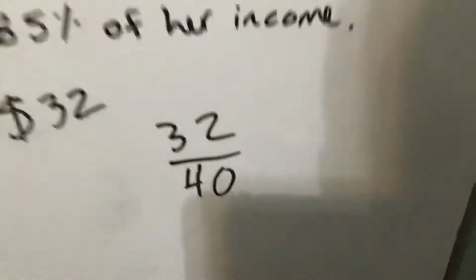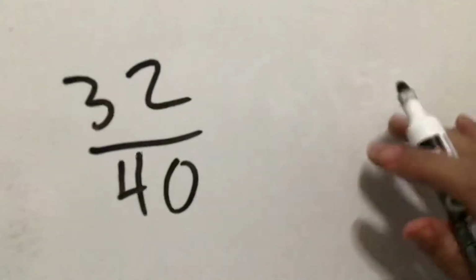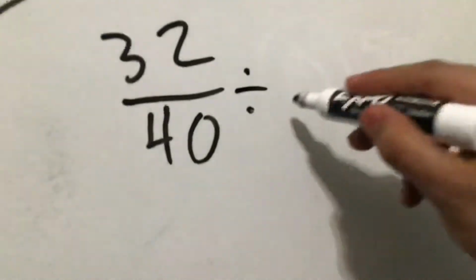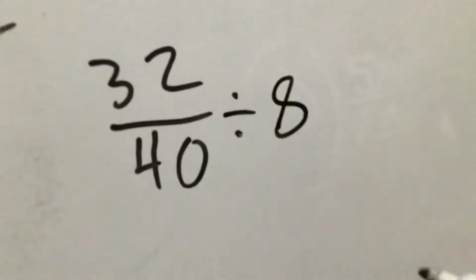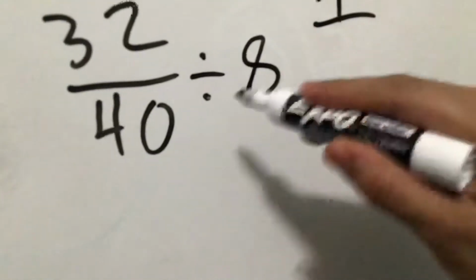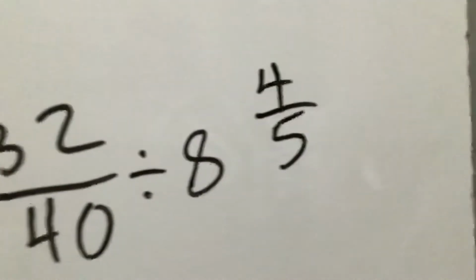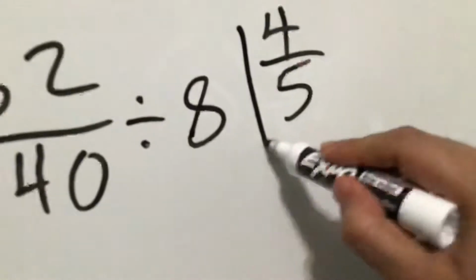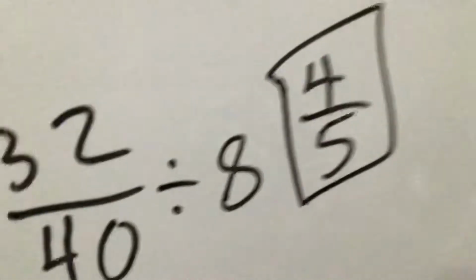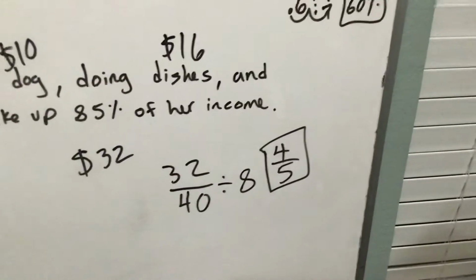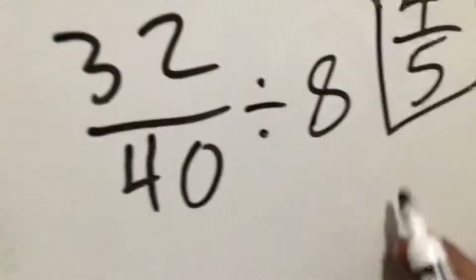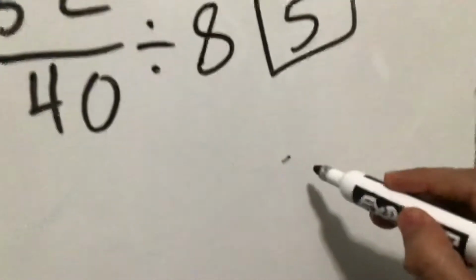Well, we do the same thing. We have to simplify the fraction if possible. Again, 8 is a good number. 8 goes into 32 4 times, and 8 goes into 40 5 times. Again, if you're my student, 4/5, you should know without having to divide if that equals 85% or not. If you don't know, well, you're going to be forced to divide again.